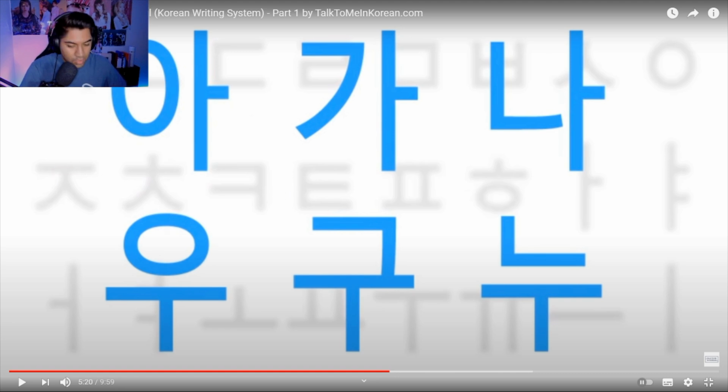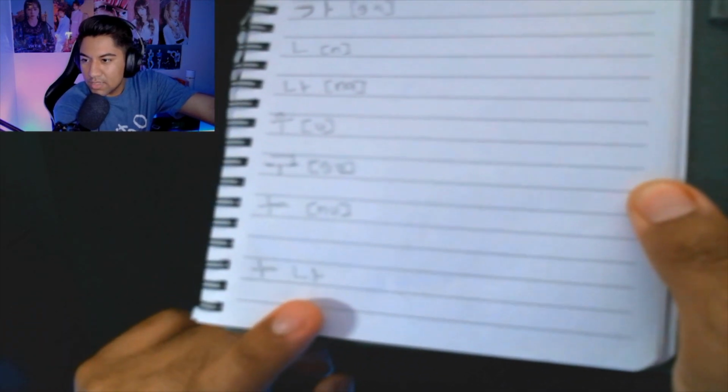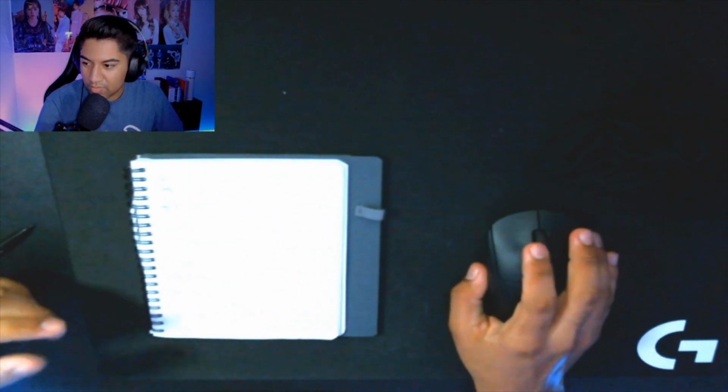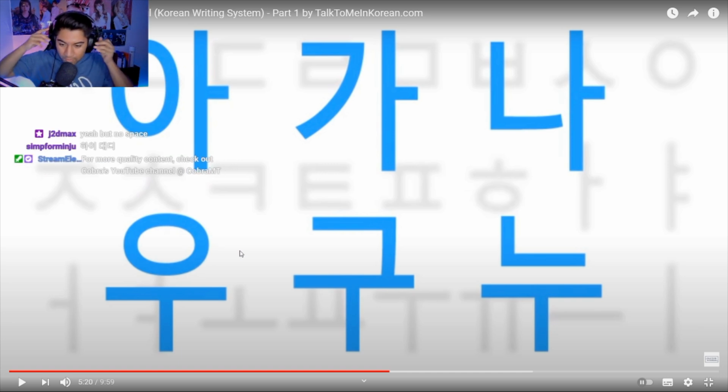So then to write nuna, it would be this. The one all the way at the bottom. Like that. Nu and then na? Or would I have to make it closer? Is it like that? Yeah, but no space. Got it. Okay. Cool.